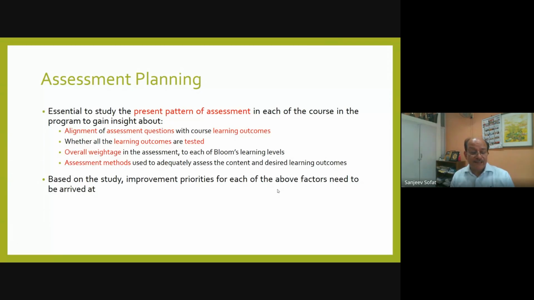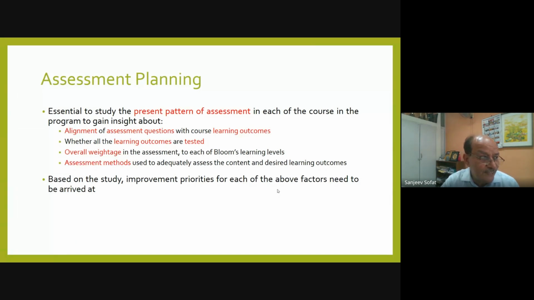That means, as one of the lady participants was telling, we have to see whether this particular assessment question matches the course learning outcome or not. Imagine you're teaching a bridge design course and you say, define bridge, define ladder.